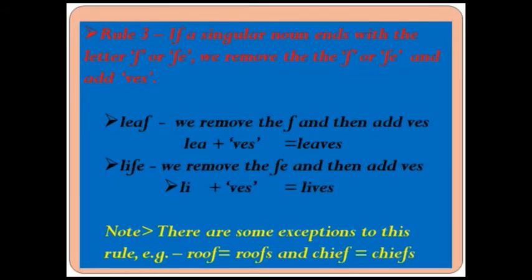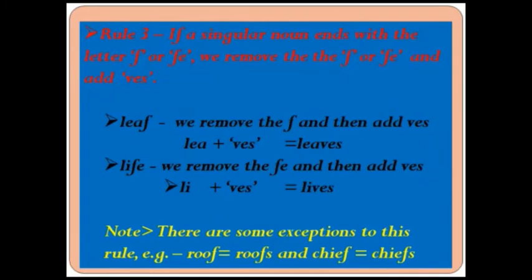Let's move to rule number 3. If a singular noun ends with the letter F or FE, we remove the F or FE and add VES. So leaf becomes leaves. We remove the F and then add VES. Life changes to lives.